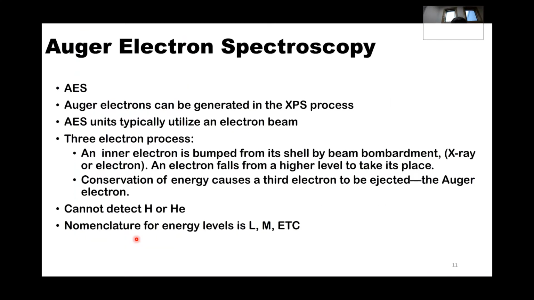Other flavor now, Auger electron spectroscopy, AES. And Auger electrons, you can actually generate in the XPS process because of what's happening. You're knocking out an electron with the XPS process, and the atoms have to react in some way.